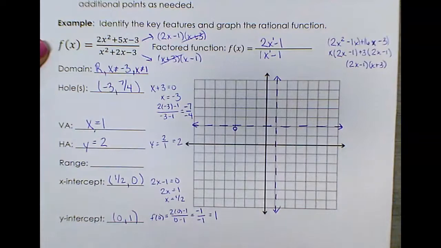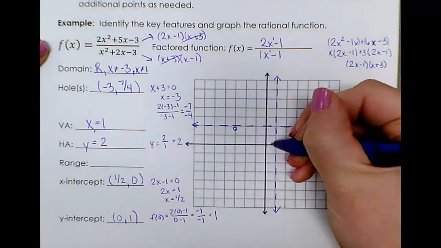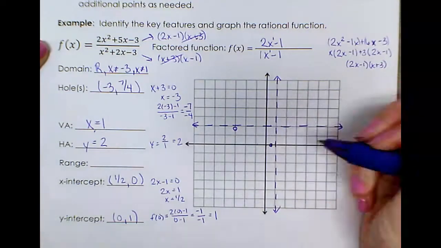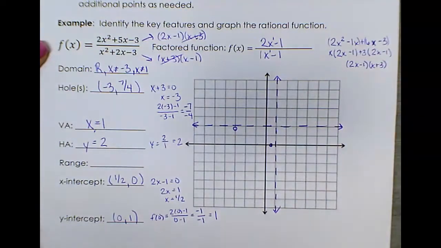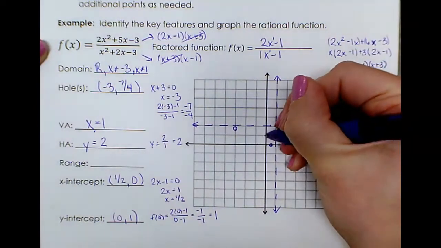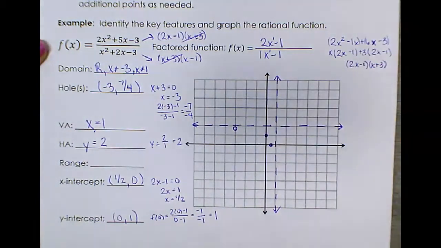The x-intercept is at 1/2, 0. So 1/2, 0. The y-intercept is at 0, 1. That's right here. And that's what I know about my graph so far.